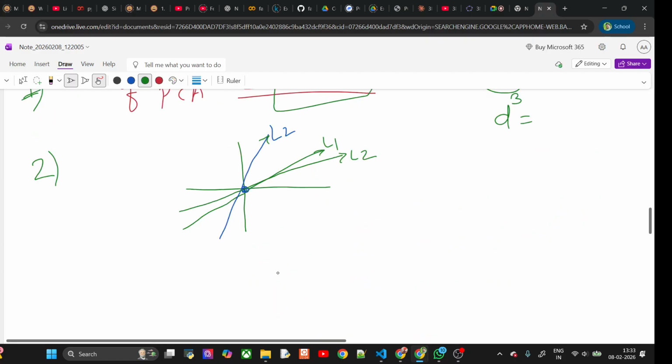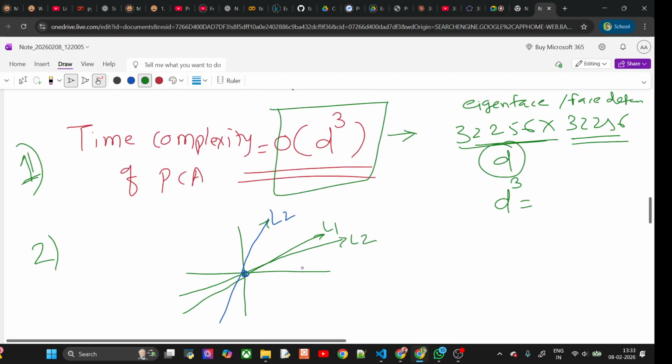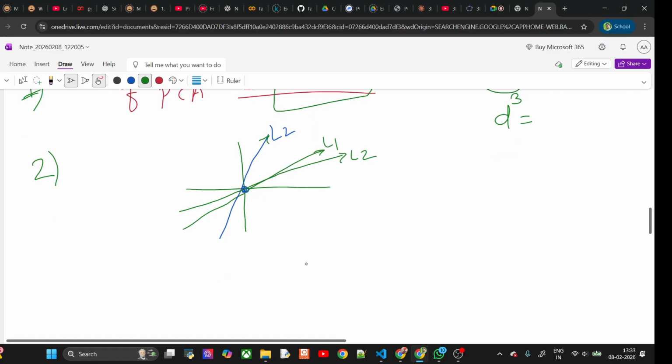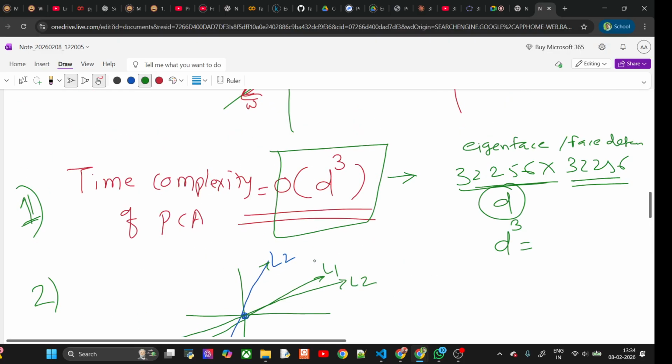The first problem is the time complexity, and the second problem is if the data is non-linear, or if the data is spread in three dimensions in a non-linear fashion, how do you do the PCA calculation there?